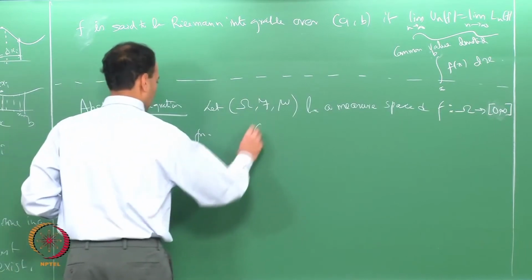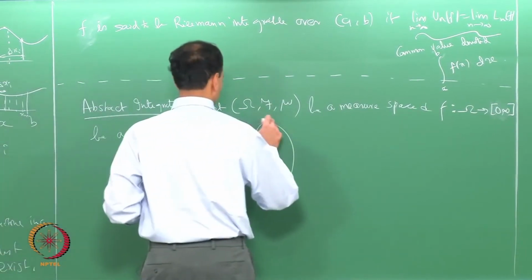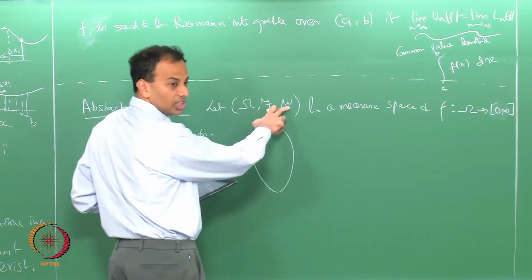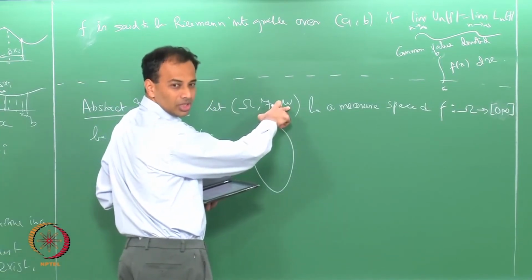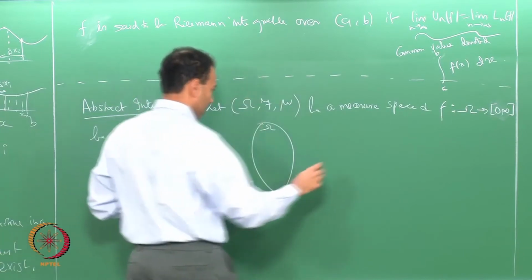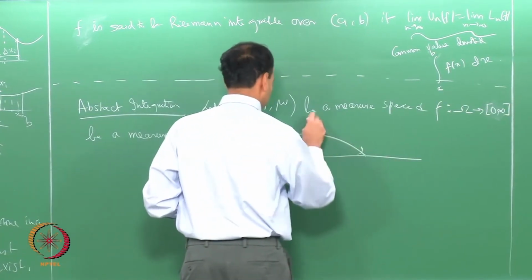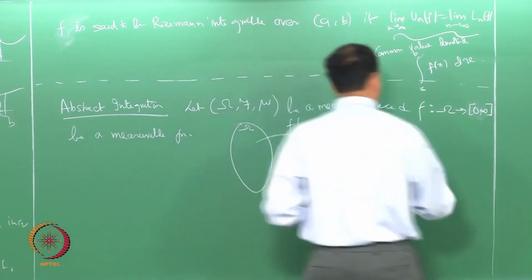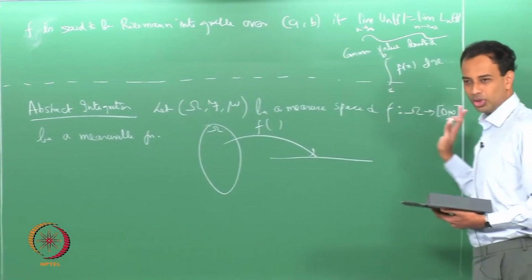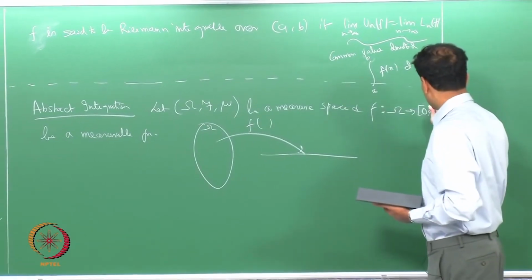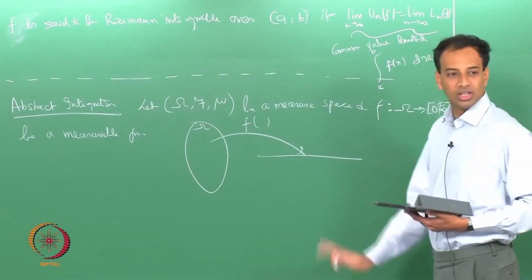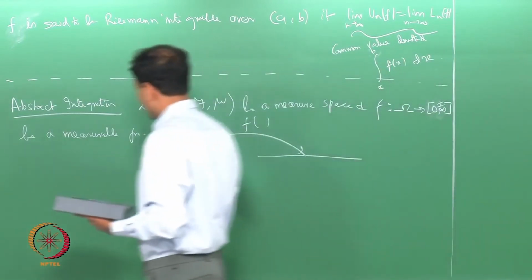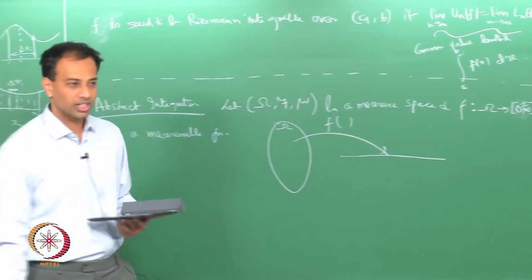So, you have some (omega, F, mu); this is your omega, and you have a sigma algebra on it and some measure on it, which may not even be a probability measure. Then you have a function that maps omega to the real line, or some points can even map to plus or minus infinity. That is allowed. So, f at certain points can even take plus or minus infinity as values.